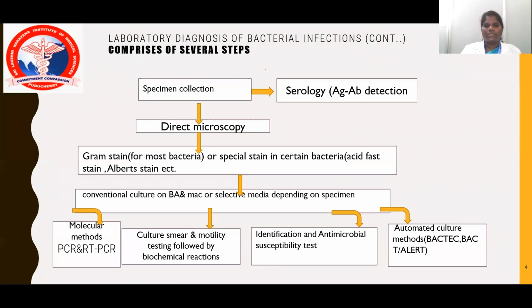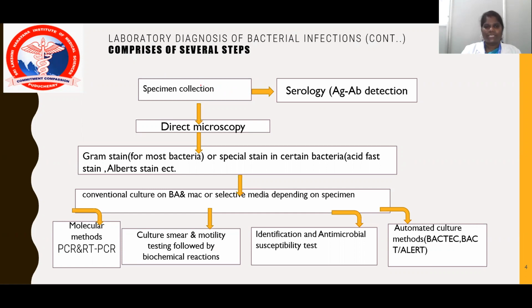Next, this is the flow chart we are following. Once the sample is collected, the sample depends upon the syndrome, so based on the syndrome you can collect the sample. For example, if it is a UTI, you can collect the urine sample, and if it is a skin and soft tissue infection, that can be collected by pus or swab. This will be discussed elaborately in the last class.